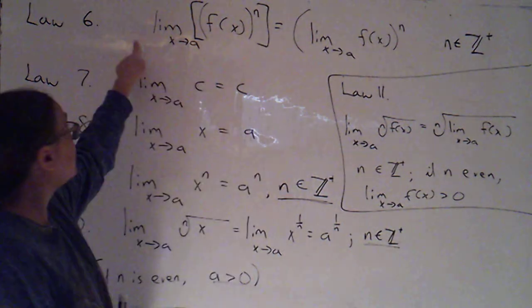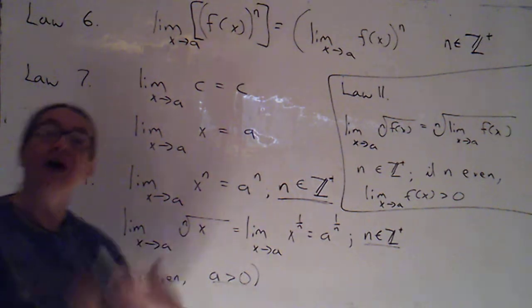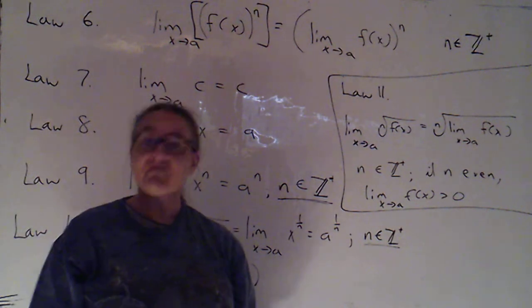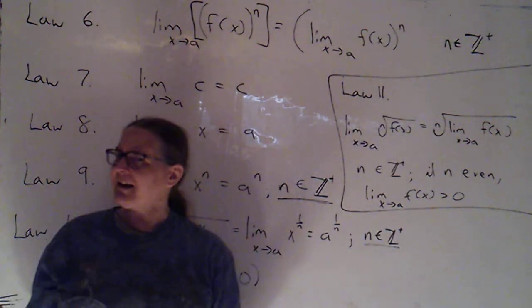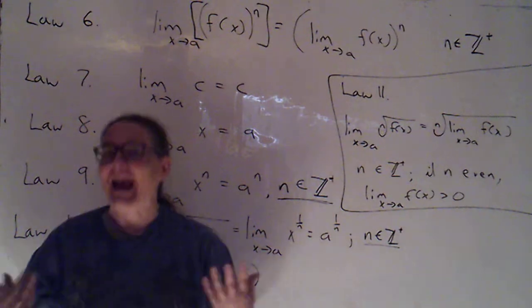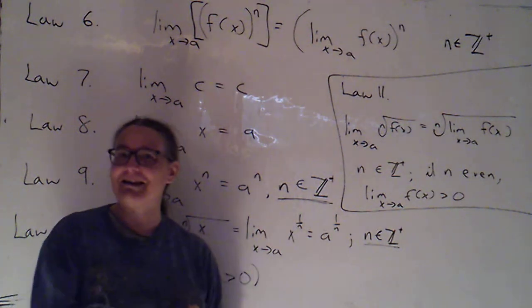So Rule 6 is true, and we know that because it's just repeated application of the product rule for limits. I've told you it's true even if n isn't a positive integer, but in that case I can't explain why it's true at this point because it's not as simple as just repeatedly multiplying things together.